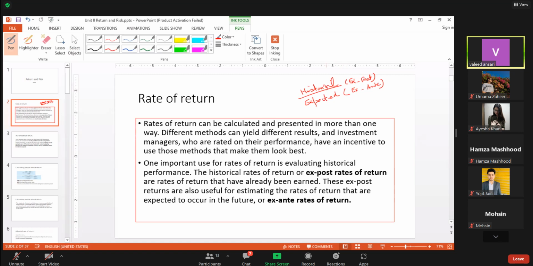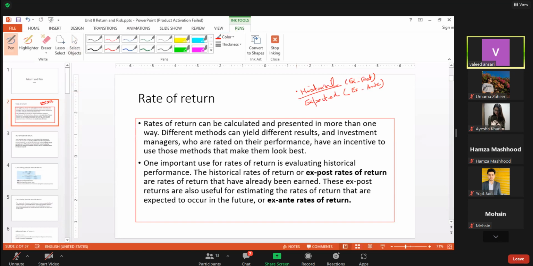Naturally, the expected return is based on historical return. Therefore, our focus will be first on historical return calculation, then certain things about the expected return also, because we assign probabilities to arrive at the expected return.